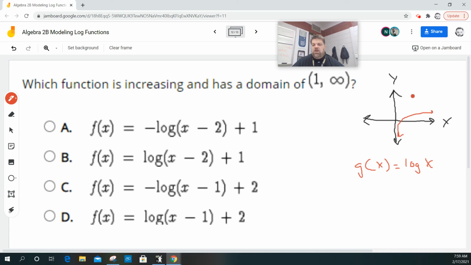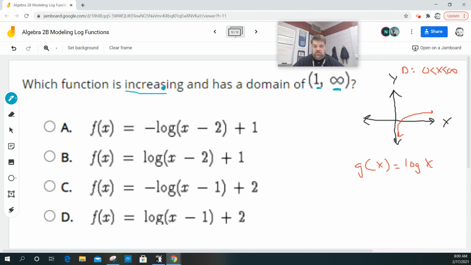Now, it never crosses 0, but the domain for this thing is from 0 to infinity.